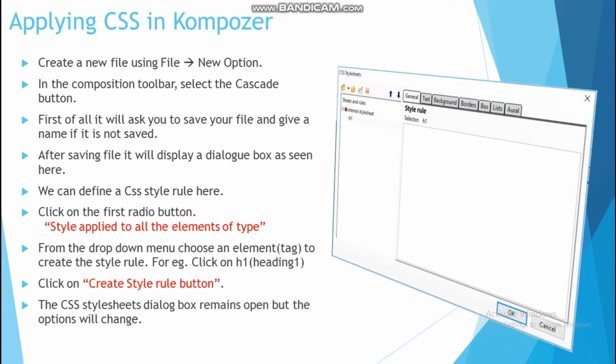The CSS style sheets dialog box remains open, but the options will change. So here you can see at the left part it shows H1. It means now this rule will get applied for the H1 tag. And at the right part you can see various tabs given at the top. CSS style sheets dialog box.